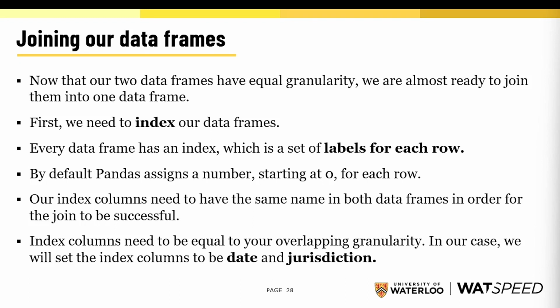By default, pandas will give each row a number starting at 0. And our index columns need to have the same names in both of our data frames in order for the join to be successful. Your index columns need to be equal to whatever your overlapping granularity is. In our case, we will call our index columns date and jurisdiction in both data frames.